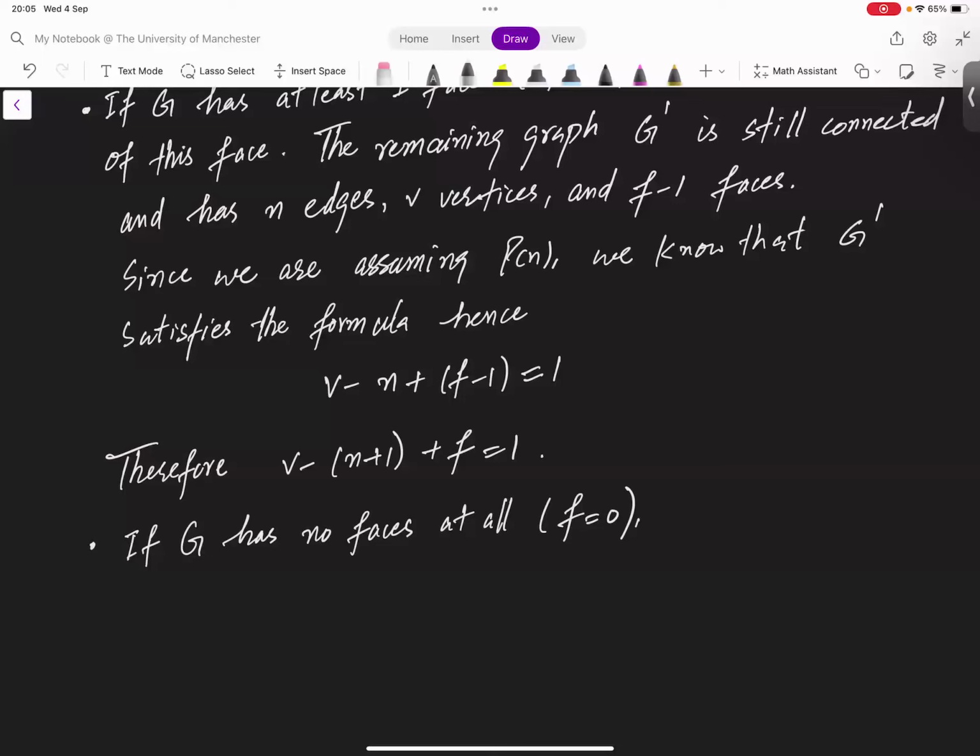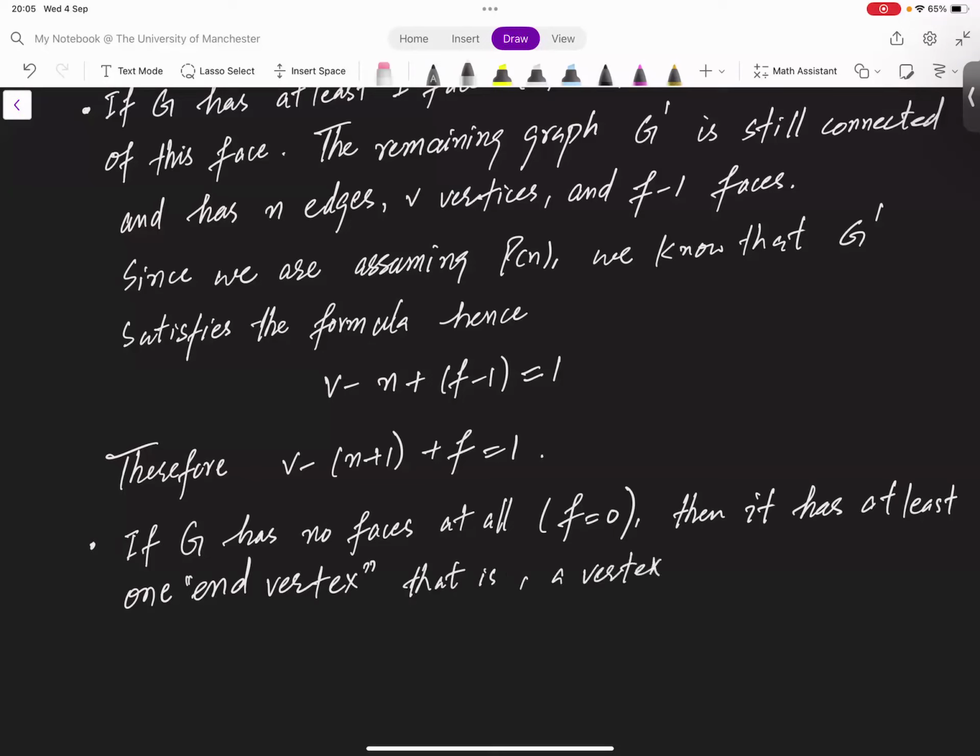Then it has at least one end vertex, that is a vertex that is joined by an edge to only one other vertex.